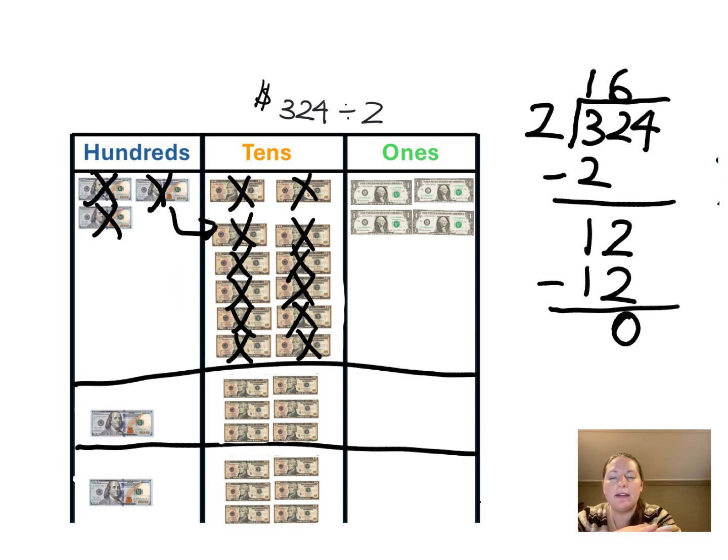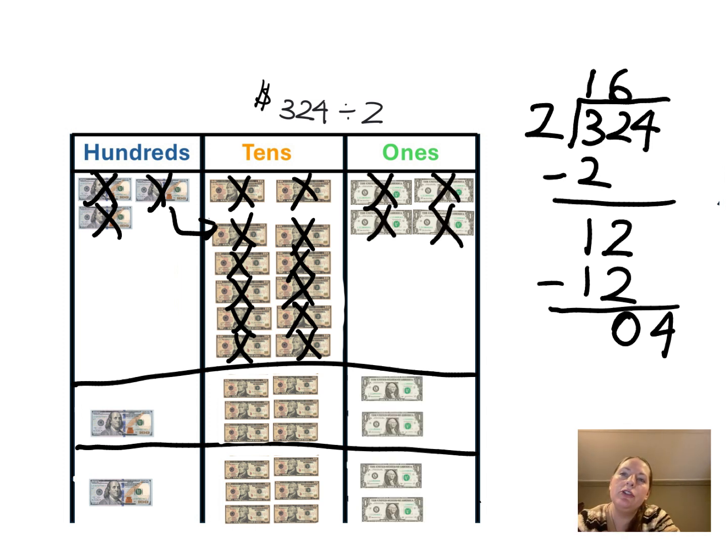And now all we have left to do is distribute our $1 bills. So if we have 4 ones and we're going to distribute them into 2 equal groups, how many ones will each group get? That's right, Jessica will get 2 and I will get 2. So we gave 2 ones to each person for a total of 4 ones, and 4 ones minus 4 equals 0.